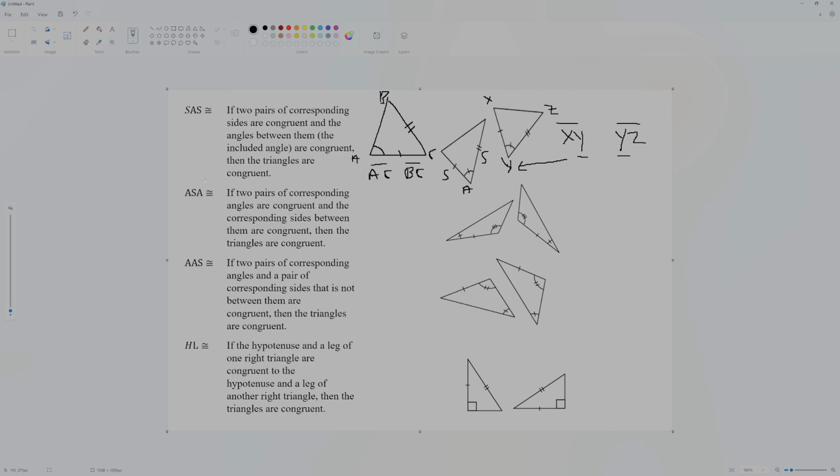So next up, we have angle side angle. So similar to side angle side, except now the side is between the two marked angles. So another way you could check this, let's pretend this is triangle XYZ.